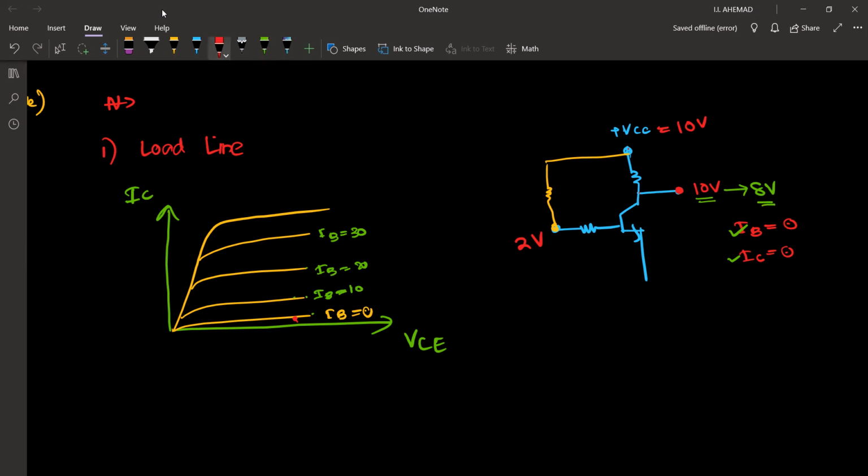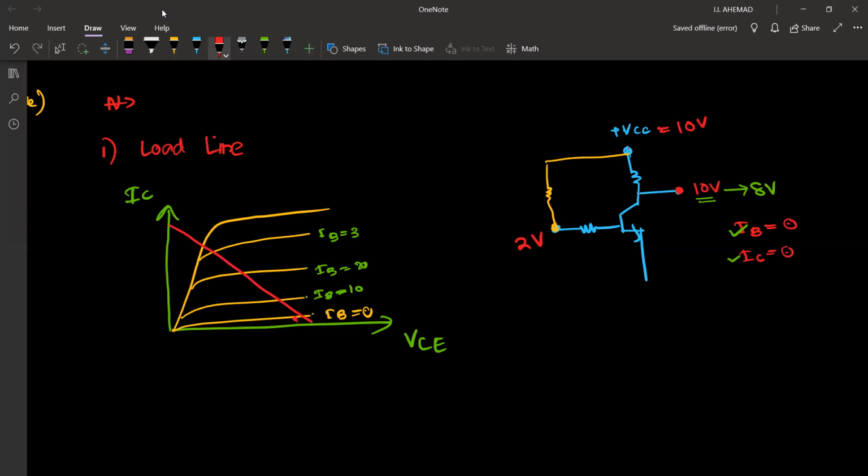Therefore, now just think of this point as the working point. This point will move up, at the same time it will move behind. If I further increase, it will move up and move behind. So if I connect all these working points together, I will get a straight line.